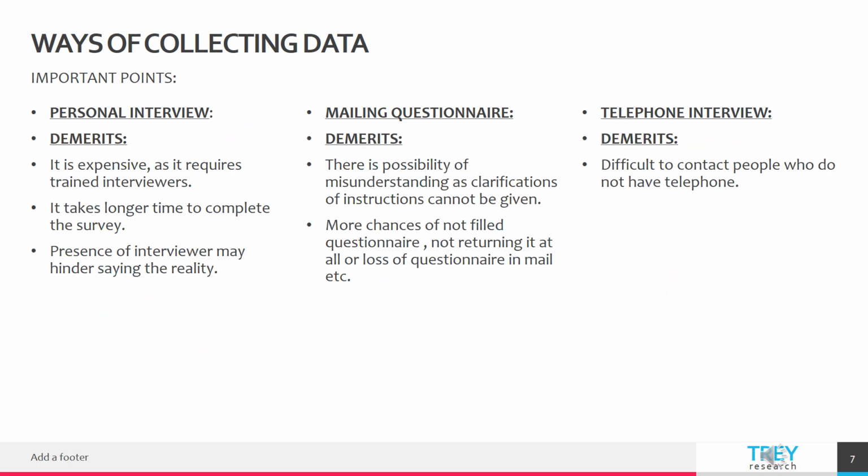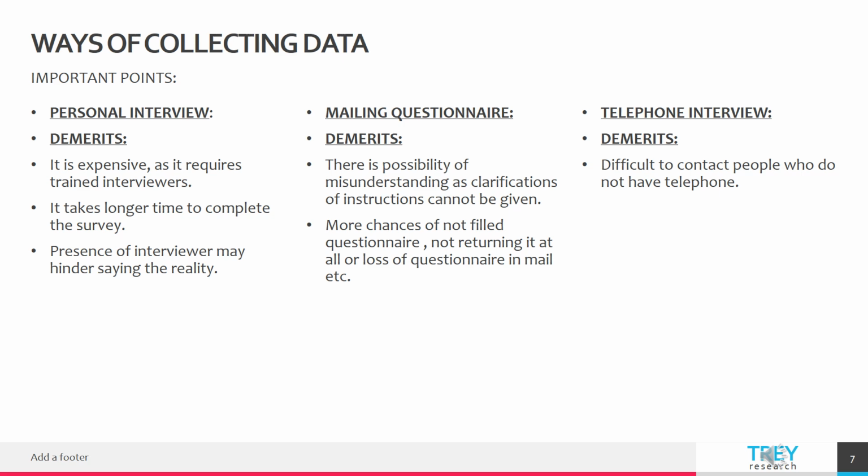Now, all the three methods which we have seen in the previous slide, there are certain demerits also of all three of them. So, personal interview, the demerits are: it is expensive because when you're meeting a person, that person may charge money, he might ask you for different timing or different fees, which may be expensive for you.